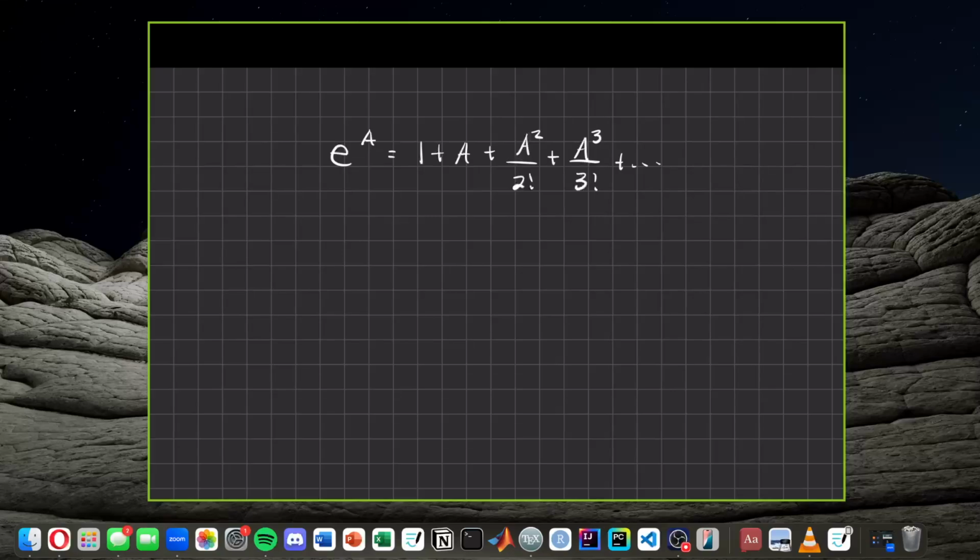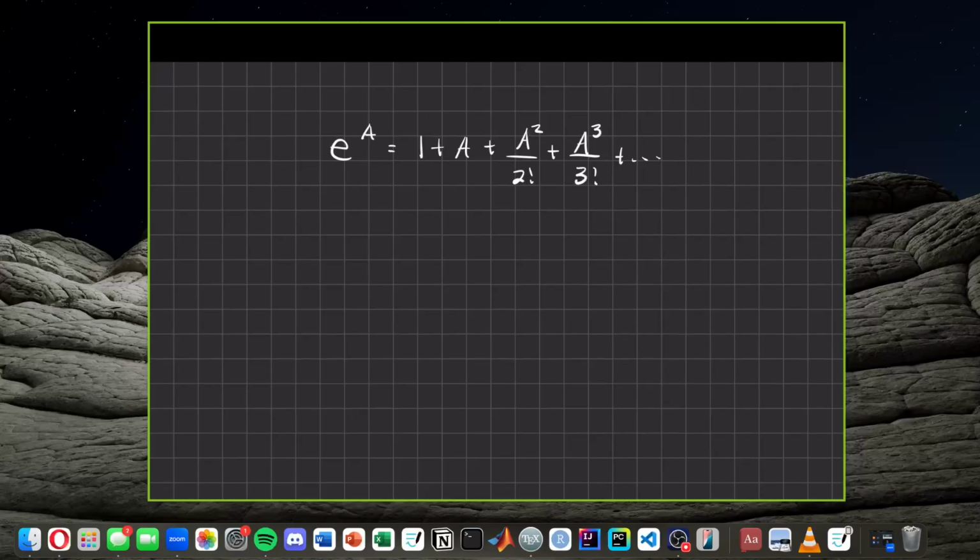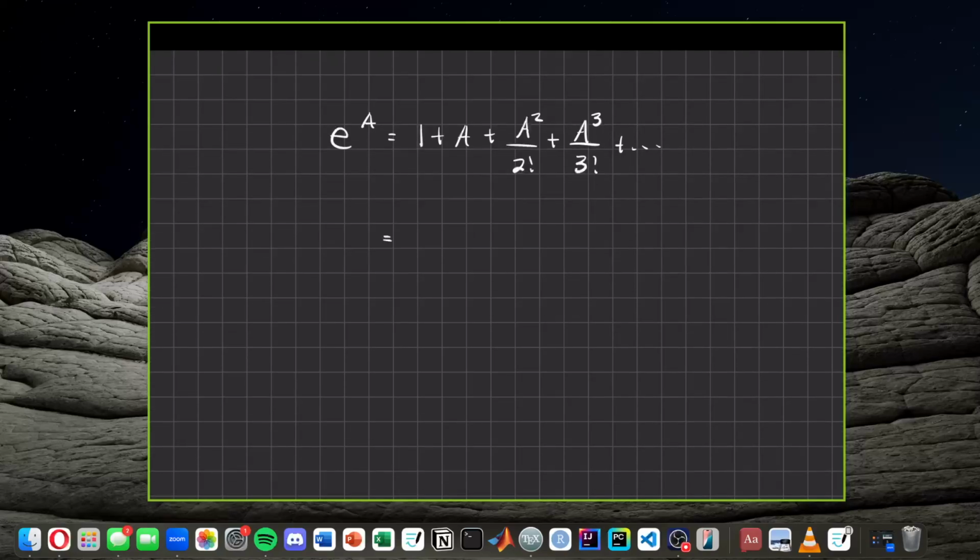You've probably recalled this as the definition for e to the x, the expansion at least, using Taylor series. But let's be very explicit and ensure that since we're dealing with matrices here, 1 is a matrix. So how do we represent 1 as a matrix? It's just I, the identity matrix. So in other words, this is I plus A squared over 2 factorial, and on and on.